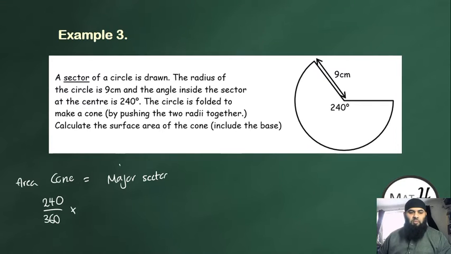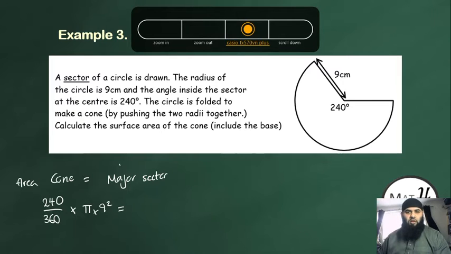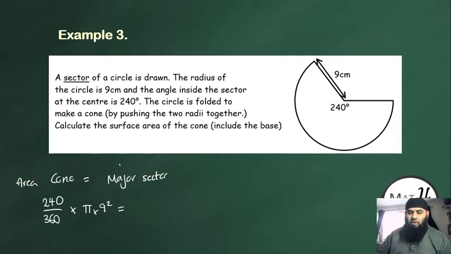So we're going to multiply it by pi r squared. So pi times r, which is our 9 squared. When we do that, this should give us the following. Let me just do it on my calculator here: 240 divided by 360 times pi times 9 squared.